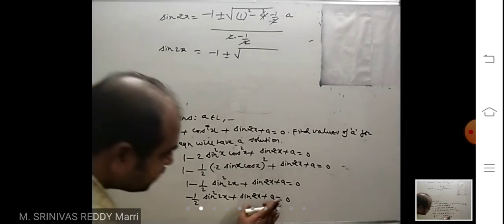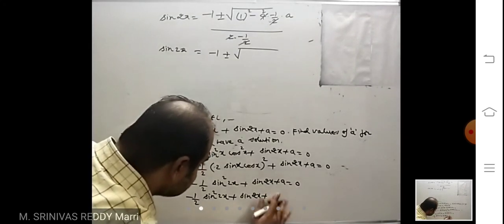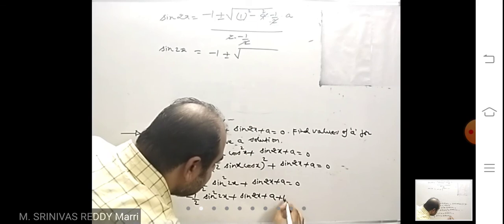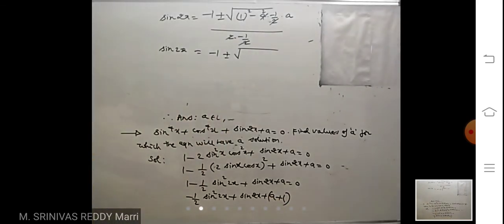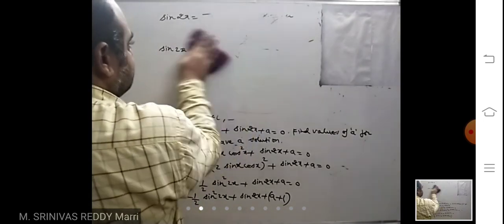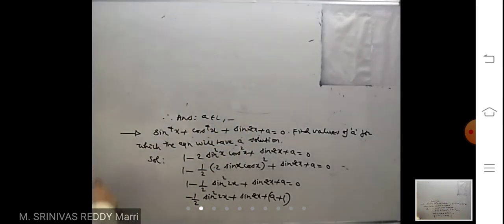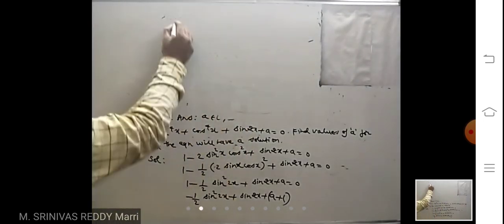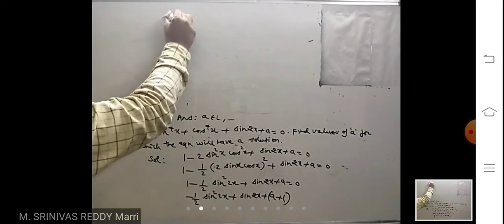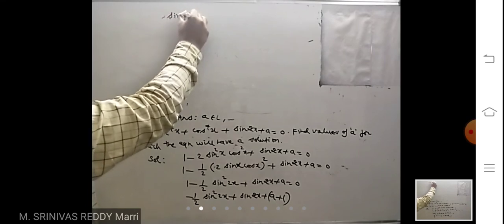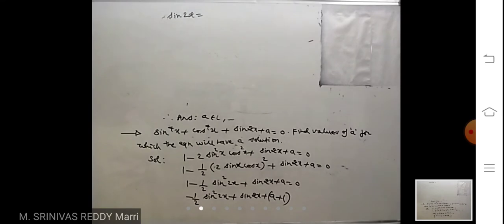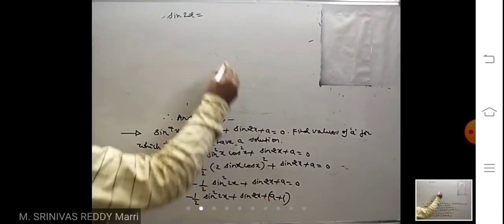Wait. Here it is a plus 1. Look here, a plus 1. The constant is there, I will write again. Sine 2x equals, here 1 is the constant, right?